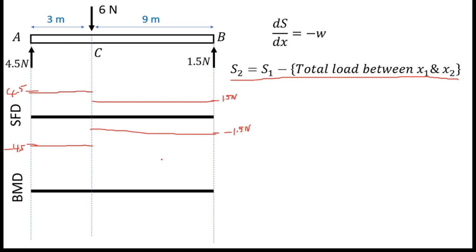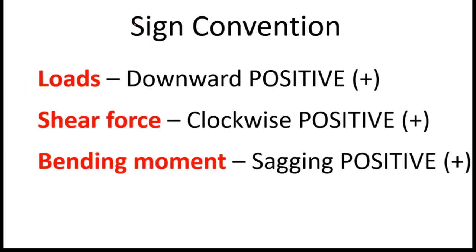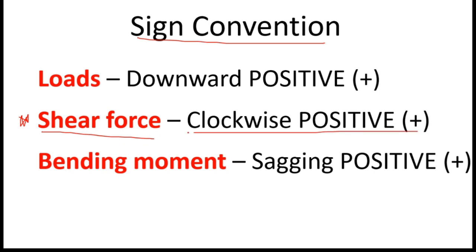But we have to select the correct answer. So for that we have to select plus value or minus value. How do we do that? That's why we have a sign convention. The sign convention says shear force clockwise positive. So I can use this statement for selecting plus or minus.